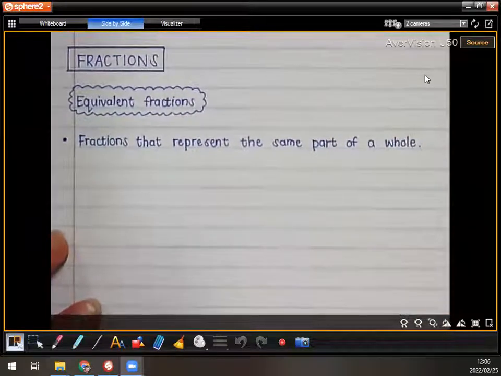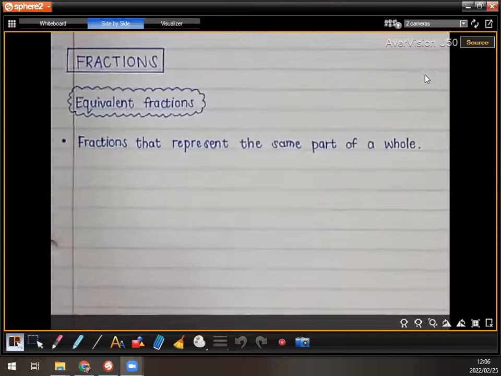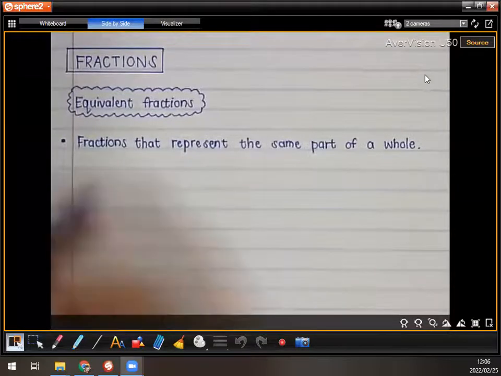Like we saw in that example, we could split the circle up into 4 parts. If you have 2 of those 4 parts, that's the same as having 1 of 2 parts. So they represent the same part of a whole.